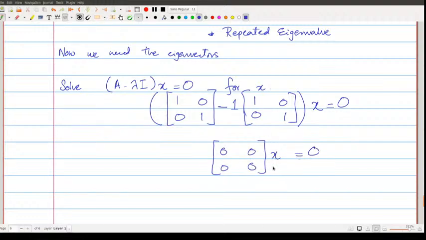So really, if this matrix is 0, then all non-zero vectors are my eigenvectors, right? So all the vectors are eigenvectors really, but it's a bit unfair to just say that, because all these vectors can be characterized by writing them in a basis.